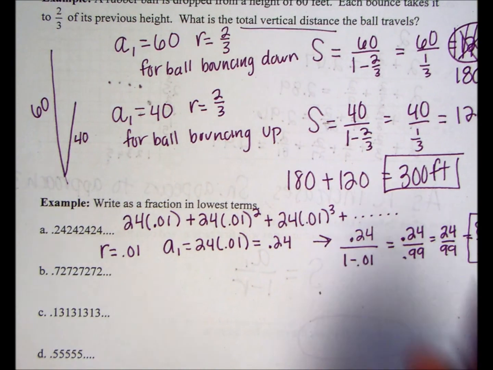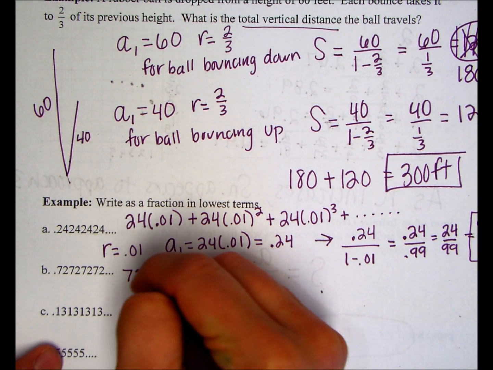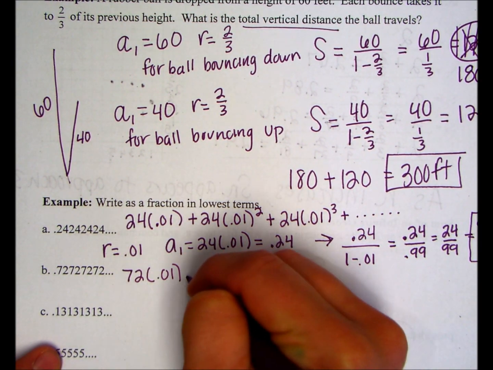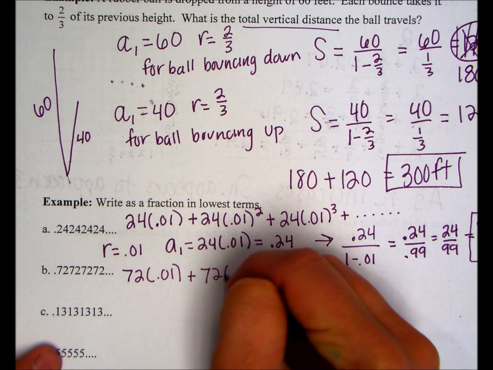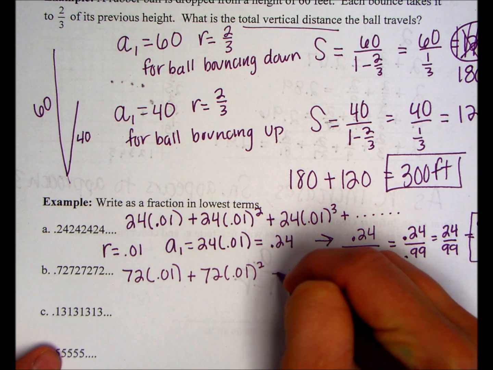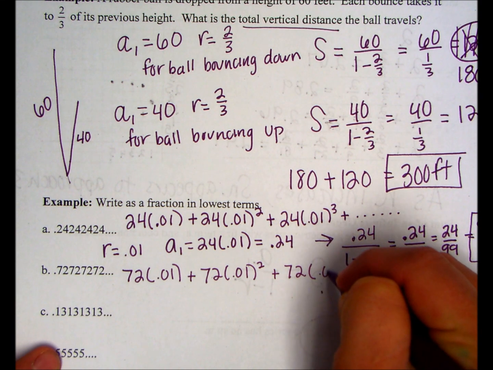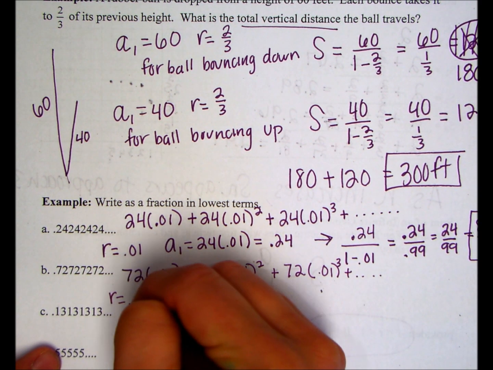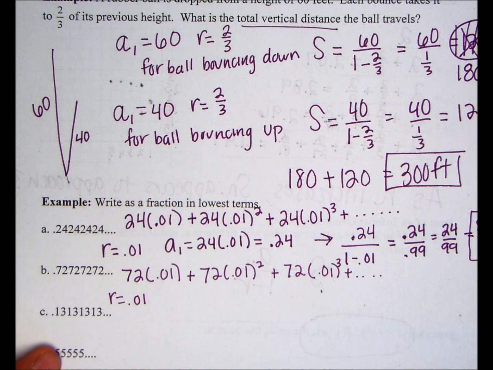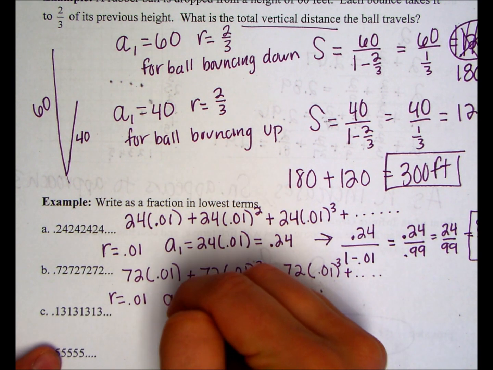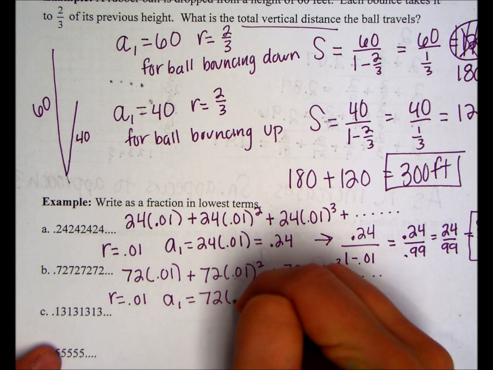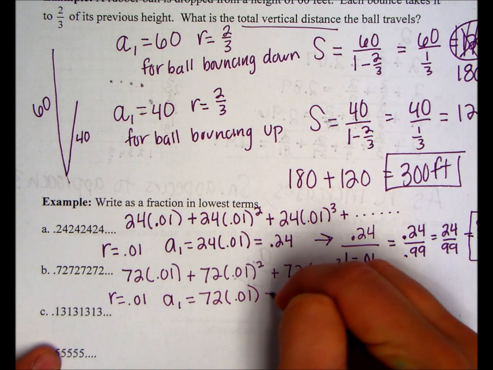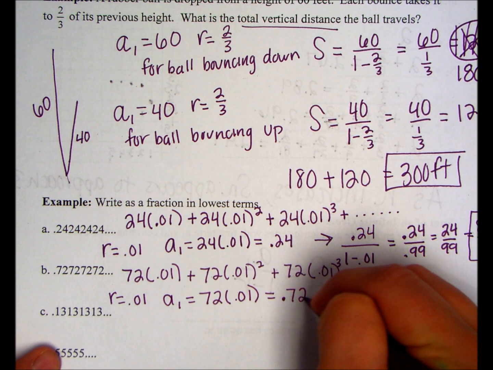If I do one more with you, that's going to look like 72 times 0.01 plus 72 times 0.01 squared plus 72 times 0.01 to the third, and you continue on from there. My r value is still 0.01. My a sub 1 value, my first term, is 72 times 0.01, which is just 0.72.